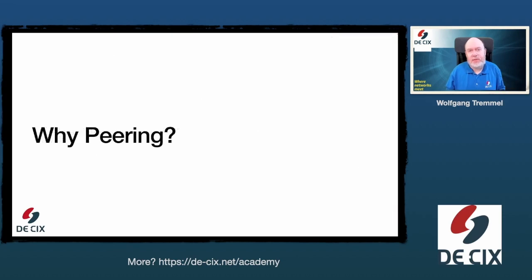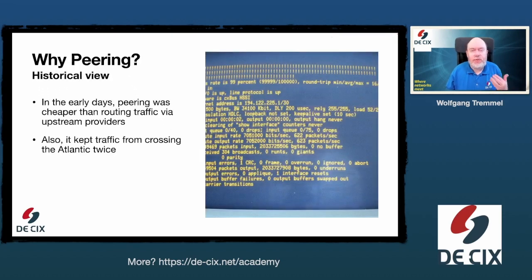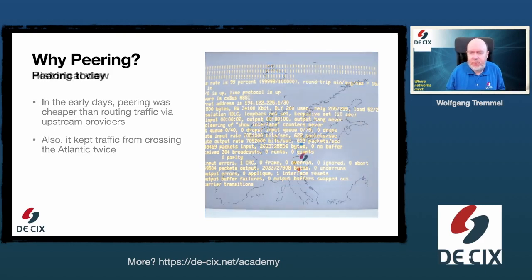So why does peering make sense? In the early days, peering was, of course, cheaper than buying upstream and buying transatlantic capacity. And it kept traffic from going over the Atlantic twice.